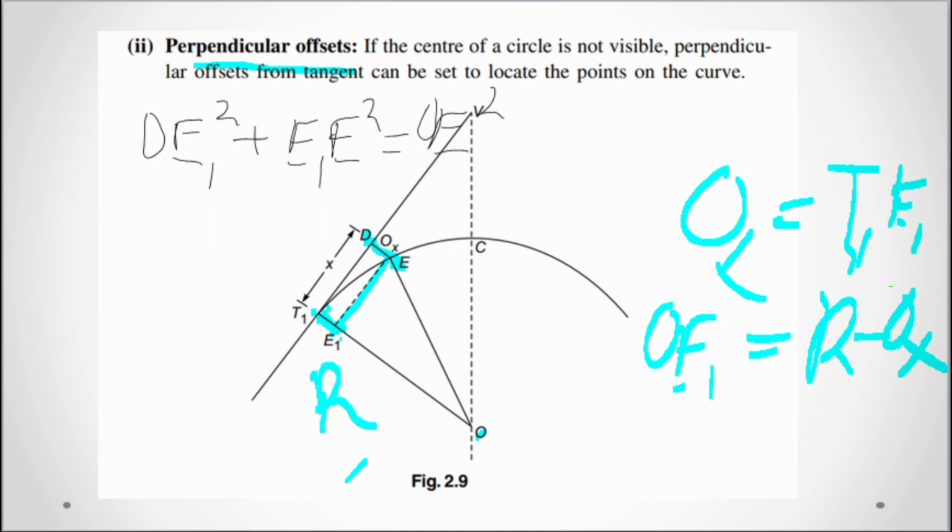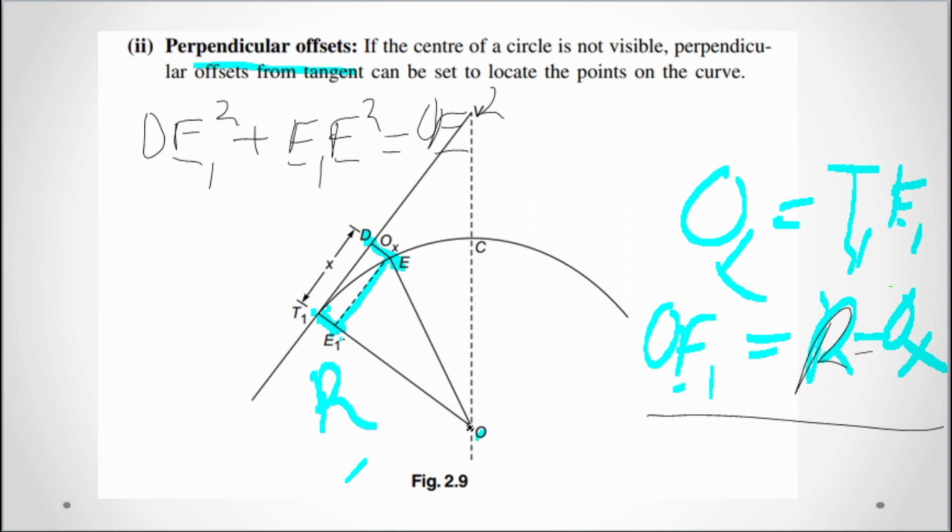In this question we have already been given the answer. Let me show you how they got that answer. By squaring that, OE1 will be R minus the offset. I've shown you how you have gotten that.